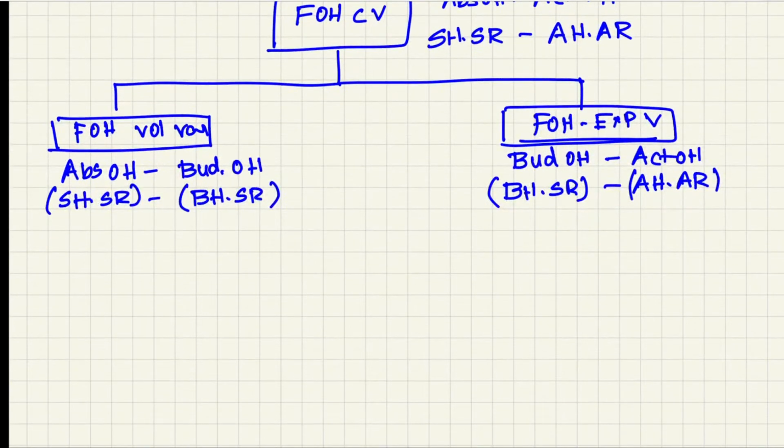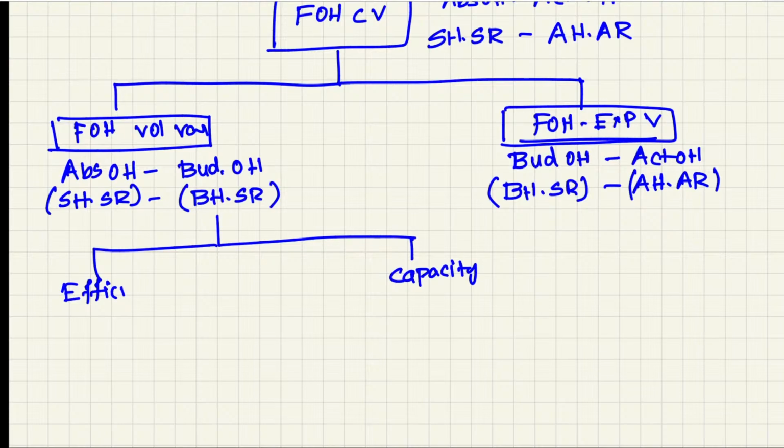Now this volume variance has further two subvariances. You have capacity variance, then you have efficiency variance. Efficiency variance formula is the difference between hours, standard hour minus actual hours worked at standard rate. And capacity variance is the difference between actual hour worked minus budgeted hour at standard rate.